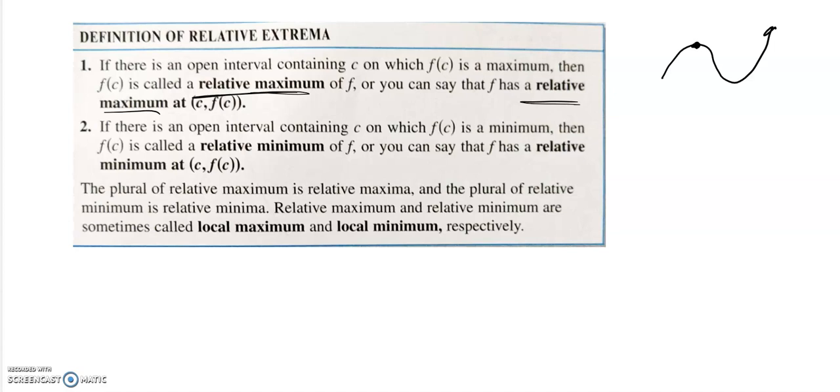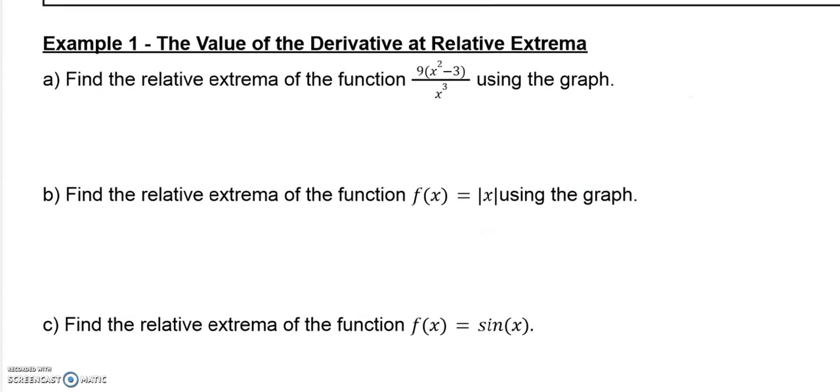Graphs can have more than one relative max and min, but can only have one absolute max or min. Same thing with the relative minimum. Down here, they call them local, so they mean the same thing. Local maximum, relative maximum: relative to that area, local to that area, they are the highest or lowest points that you see. And remember, pause the video if you need to catch up.